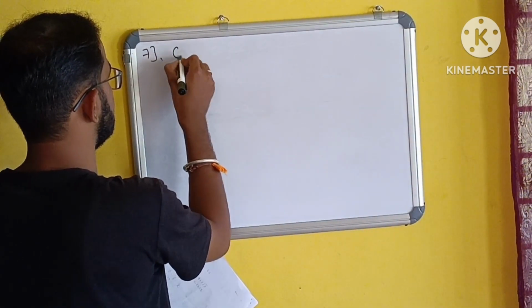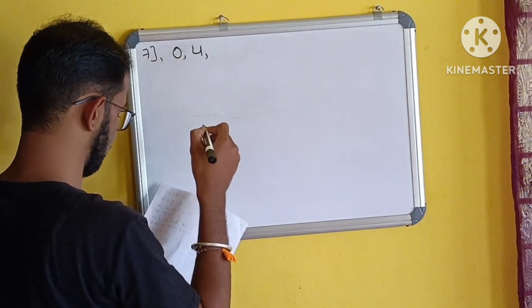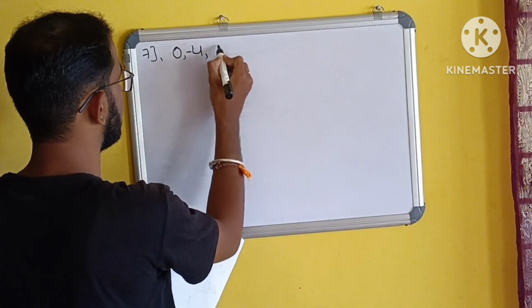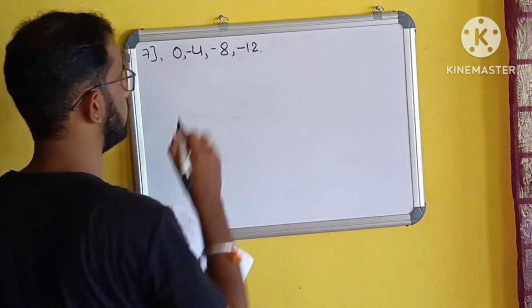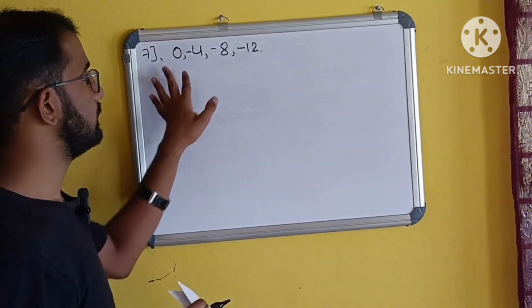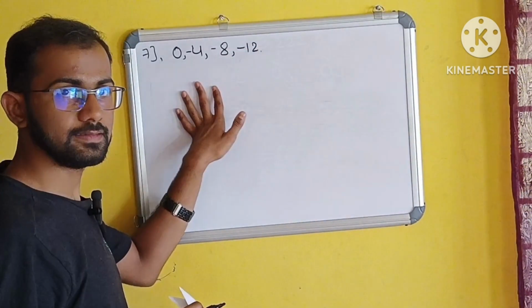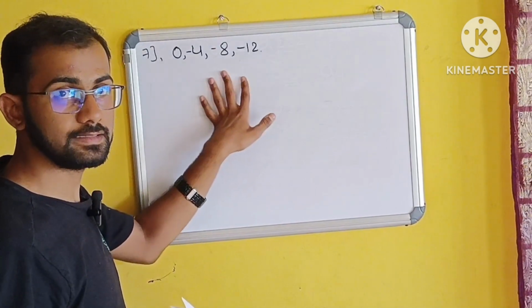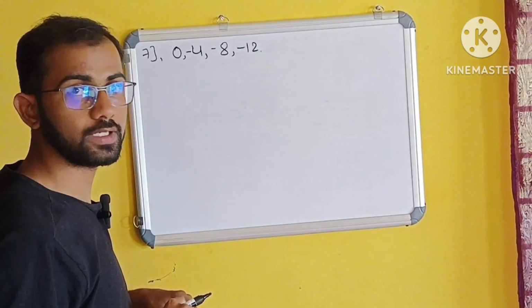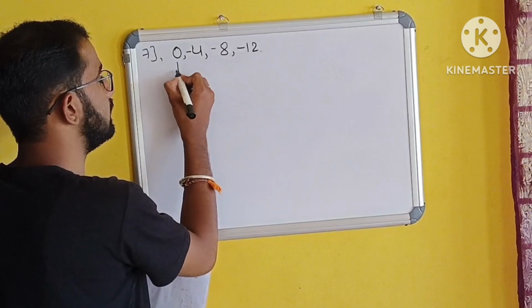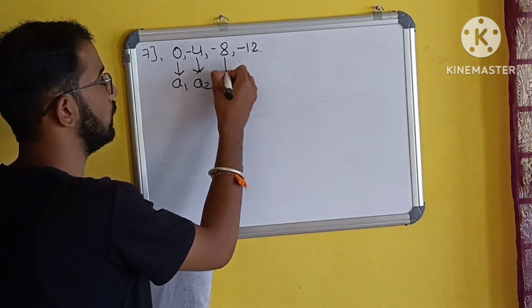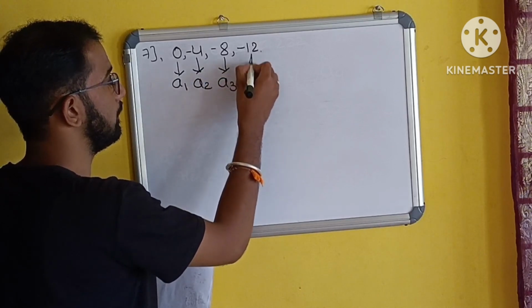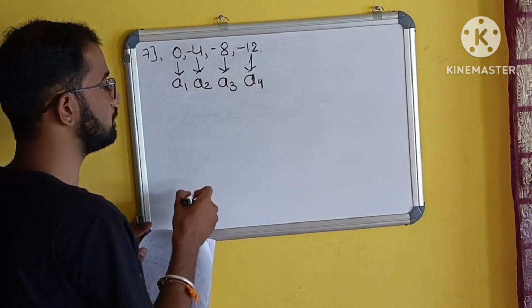The seventh question is 0, 4, -4, -8, -12. As you can see, this is a sequence. Let's check whether the given sequence is an arithmetic progression or not. So see, 0 is A1, 4 is A2, and then A3 and A4.